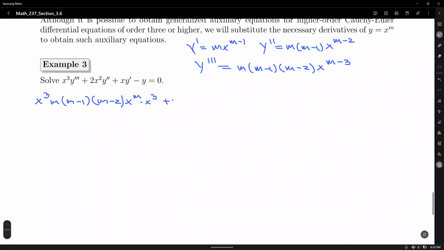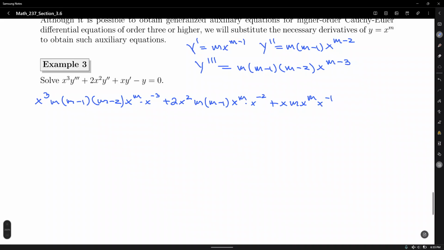All right, and then plus 2x squared times y double prime, which is m times m minus 1 times x to the m minus 2, but I'm going to write the x to the m minus 2 as x to the m times x to the minus 2, and then plus x times y prime, which is m x to the m minus 1, which is the same as x to the m times x to the minus 1.